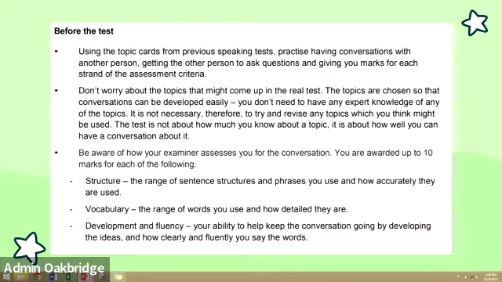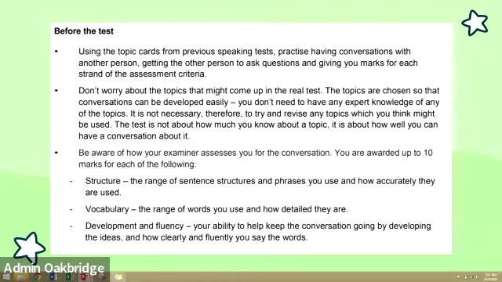Number 2, vocabulary. After structure, we will have a look at the vocabulary, the range of words that you use and how detailed they are. And the last one is they will have a look at your development and fluency. In this part, they will check your ability to help to keep the conversation going by developing the ideas and how clearly and fluently you say the words.